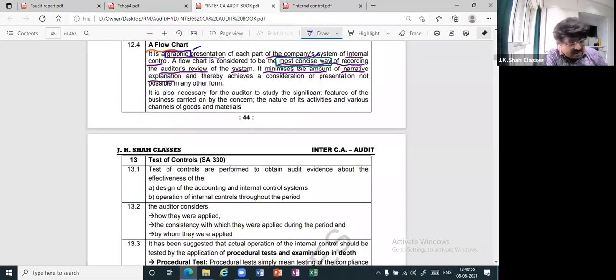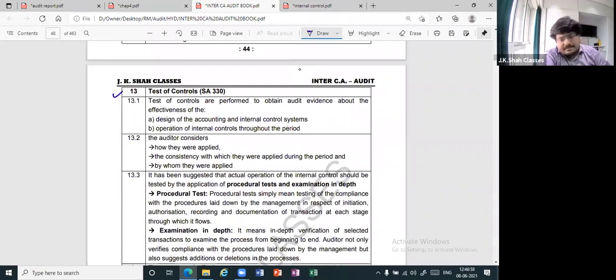Thereafter, this test of controls, if you see now, this we have already done. You know where? When I did audit procedures, test of details, test of controls. You remember compliance procedures? Test of controls is that only. So you can come and you can write here compliance procedures. They are obviously performed by whom? By the auditor. Who else will do it? To obtain what? To obtain audit evidence.